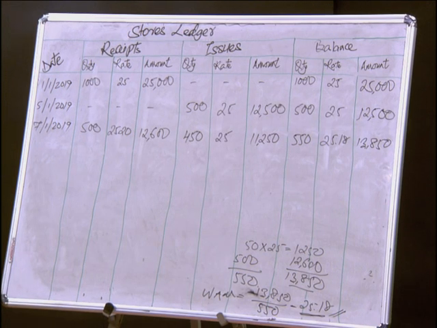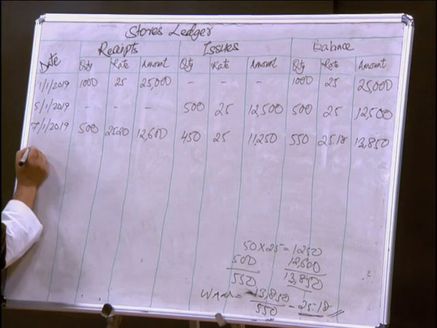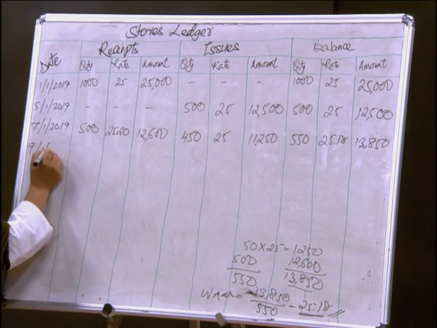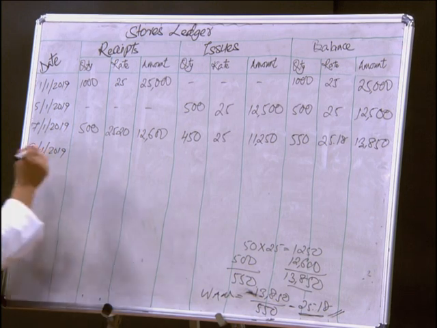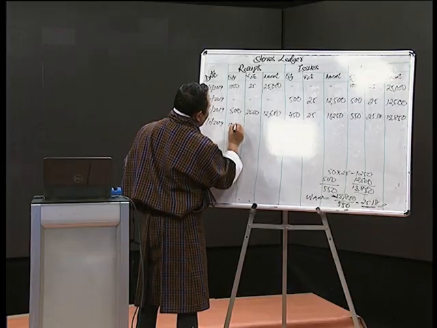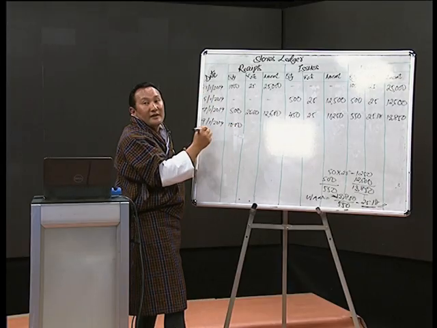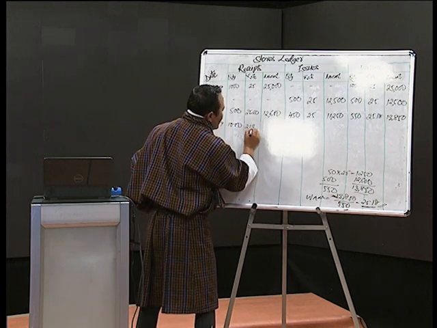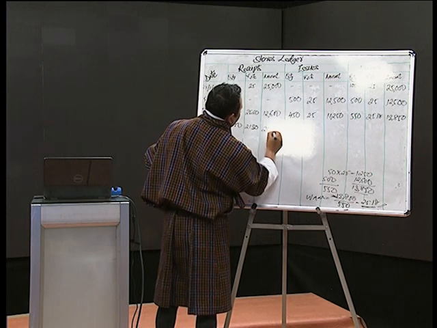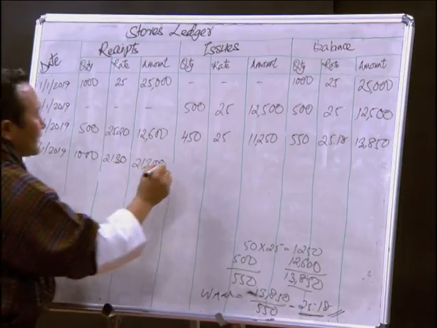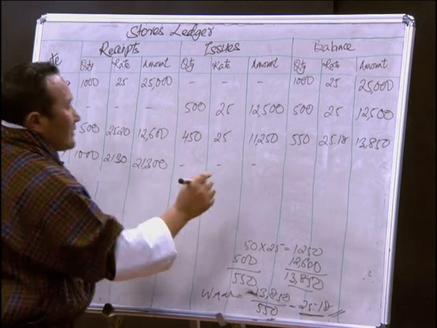Now we have date 9. On date 9, 9/1/2019, we have again a purchase of 1,000 units at the rate of 21.30. Purchases refers to the receipt. So we get 21,300.